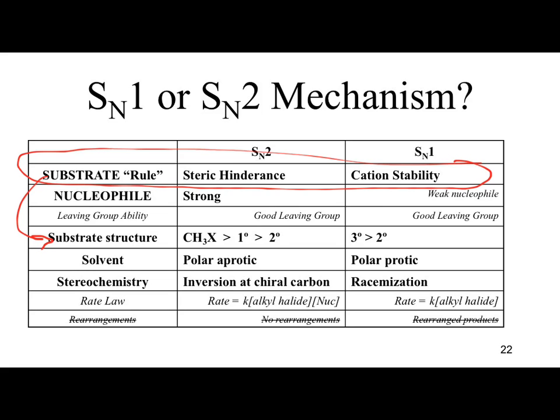Your tertiary is going to stabilize the cation best, so that one's going to react the fastest. In an SN2 reaction, the methyl halide has the least amount of sterics because you're looking at hydrogens blocking the backside. The other effects that are up there, you're responsible for knowing your stereochemistry.